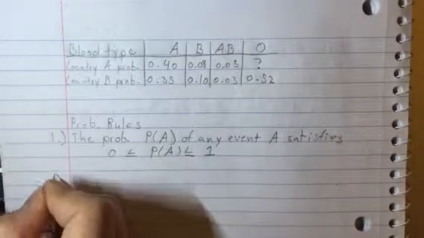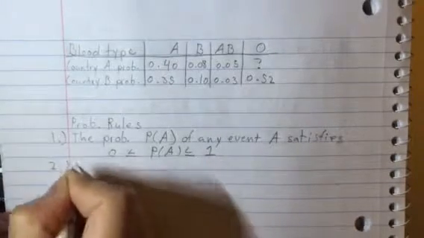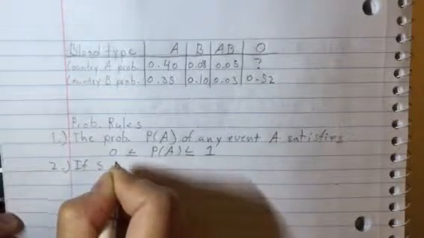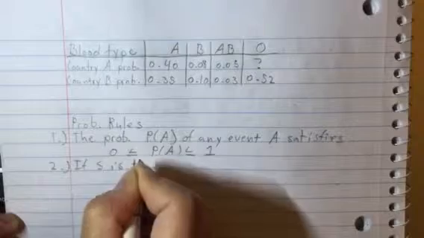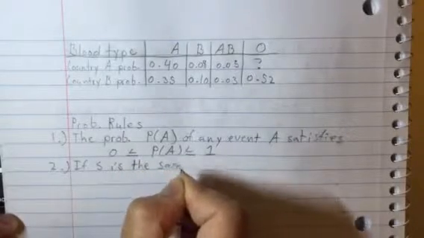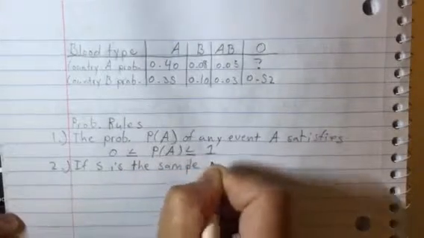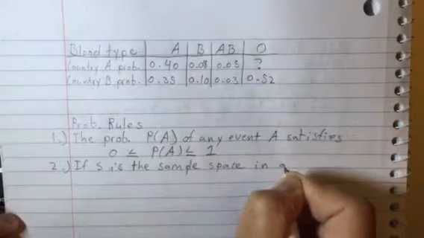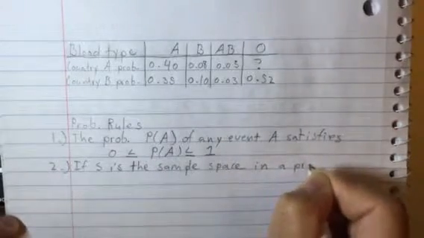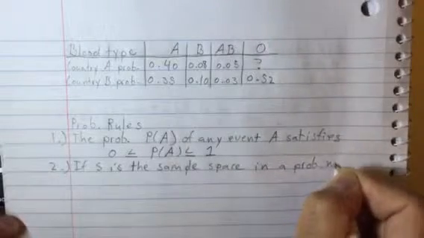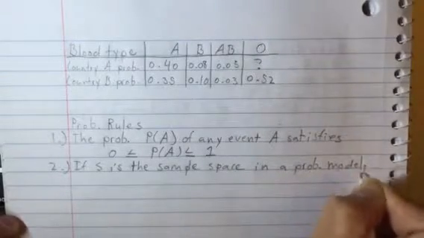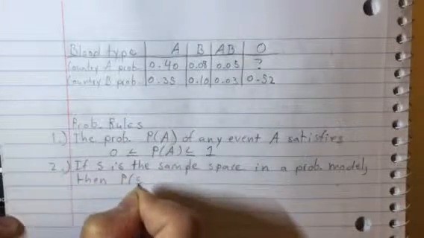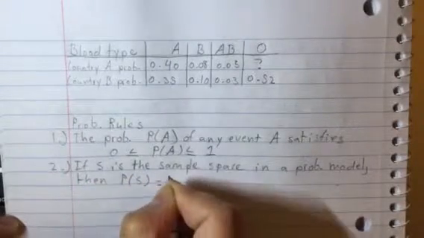Then rule number 2: if S is the sample space in a probability model, then the probability of S equals 1.